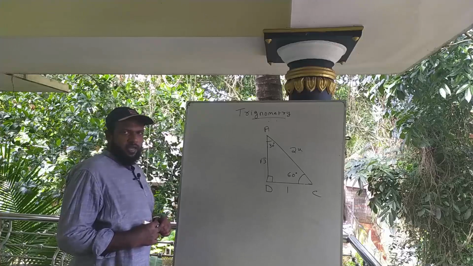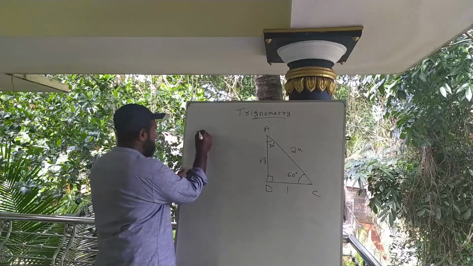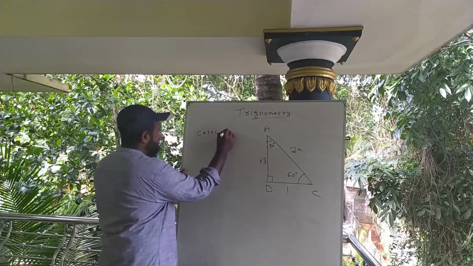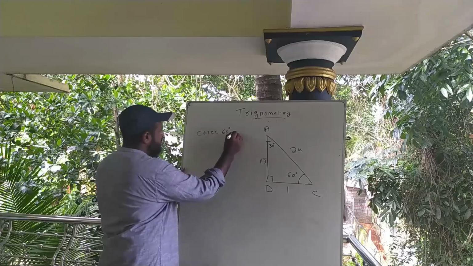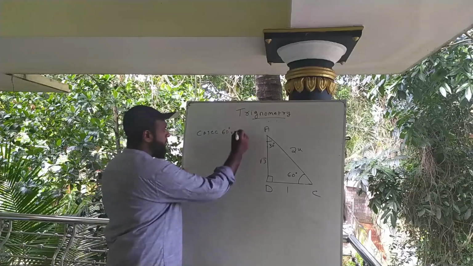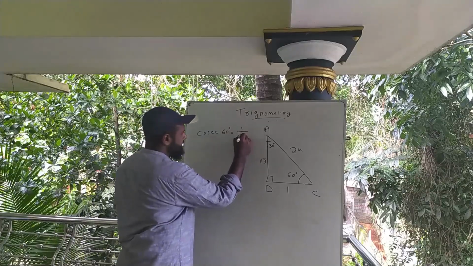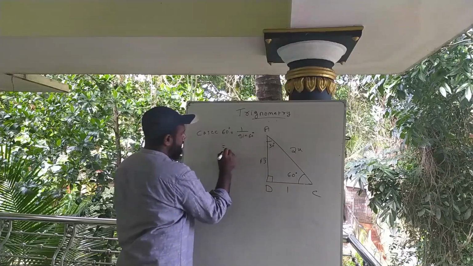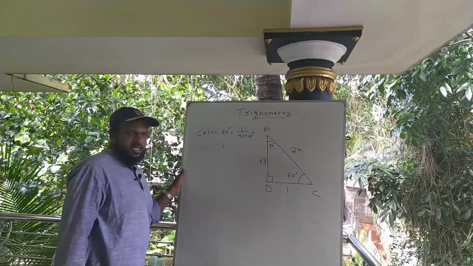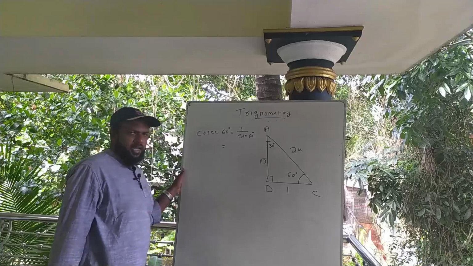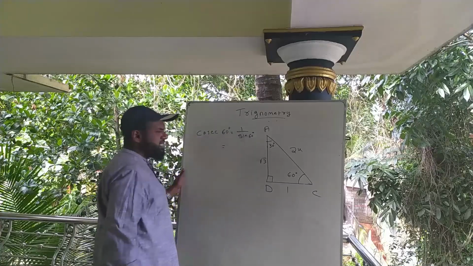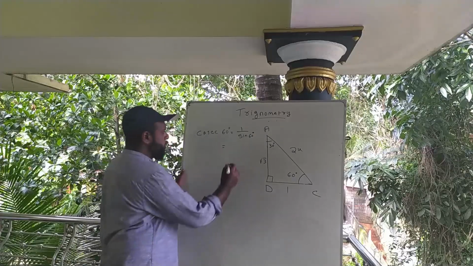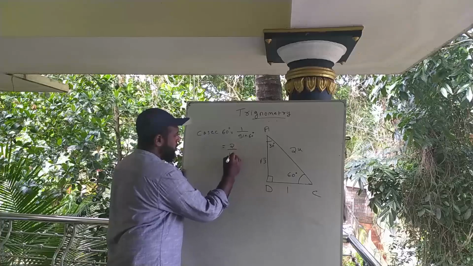Next we can find what is cosec 60. Cosec 60 equal to 1 by sin 60 equal to, what is sin 60? Root 3 by 2. What is 1 by sin 60 or cosec 60? Equal to 2 by root 3.